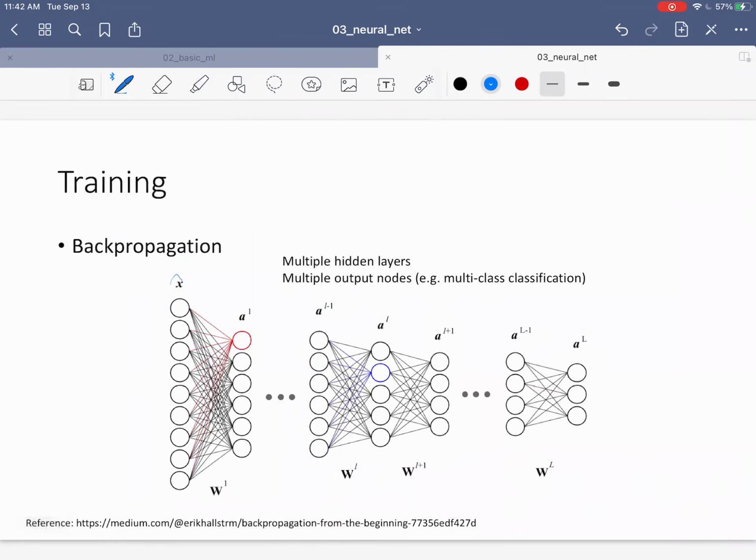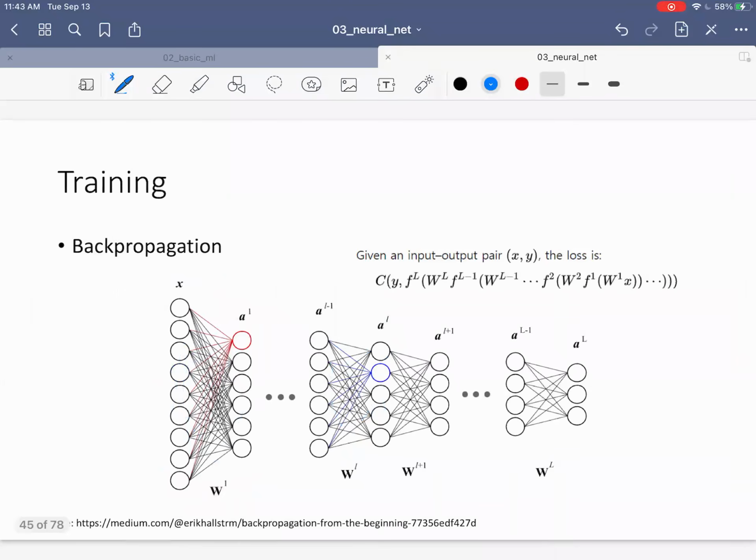There's input X all the way to, assuming that this is Y, your output. There are way more layers here. And in order to train a very complicated neural network like this, there are way more parameters to learn. So in order to train all these parameters, you need to use backpropagation.